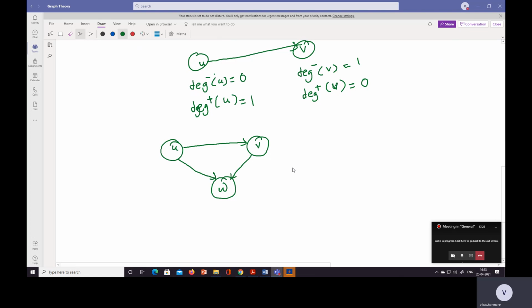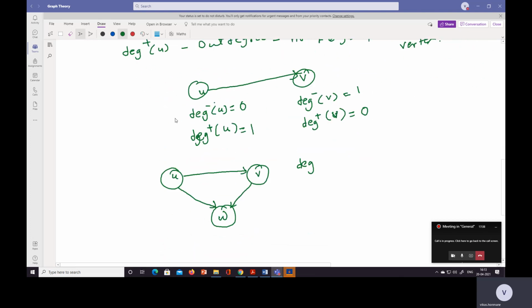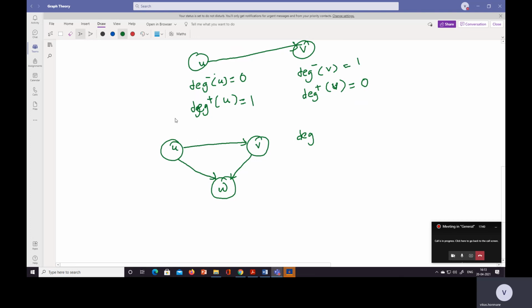So in degree for u: no vertex points to it, so this is not a terminal vertex, and in degree is 0.